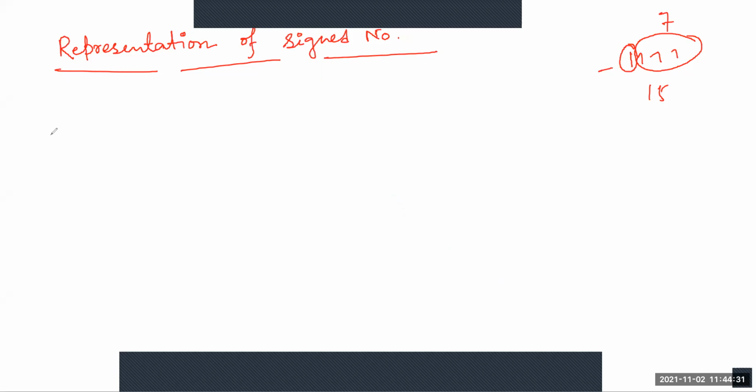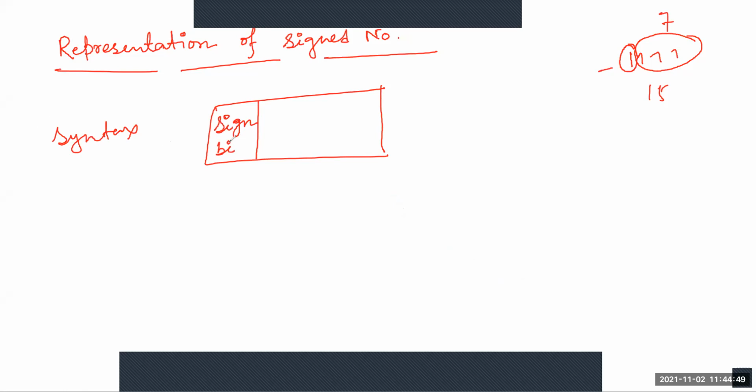Okay, for the syntax of the sign magnitude representation of signed numbers, the syntax is like this. This is the sign bit, and this is the actual binary. So plus 9.